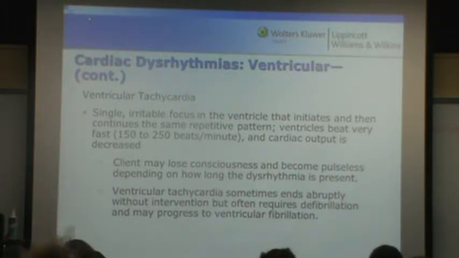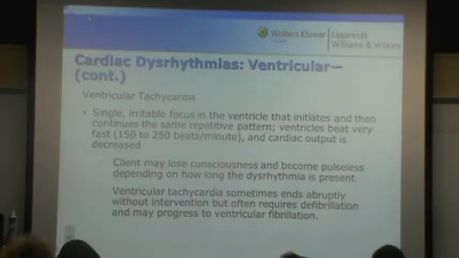And sometimes patients will experience what we refer to as a run of VTAC, where they may have 5, 6, 10 ventricular beats, and then they go back to a normal sinus rhythm or whatever their underlying rhythm was. Kind of like what we were looking at with the SVT strip that I passed around.